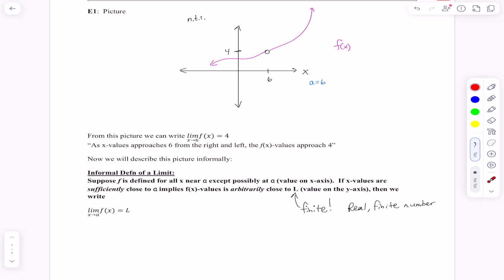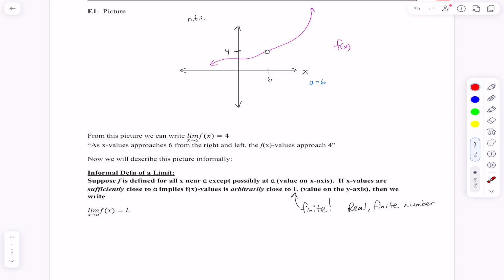If we have that situation, then we'll actually write this new notation. The limit as x approaches a from both sides, we want to know where do the corresponding f of x values approach. If they approach L, then we could actually write this notation. Notice x arrow a, there is a subscript.